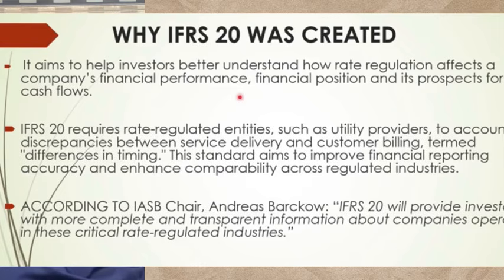Also, another reason why it was created: the standard requires rate-regulated entities, such as utility providers, to account for discrepancies between service delivery and customer billing. We call these differences in timing, as I explained before.